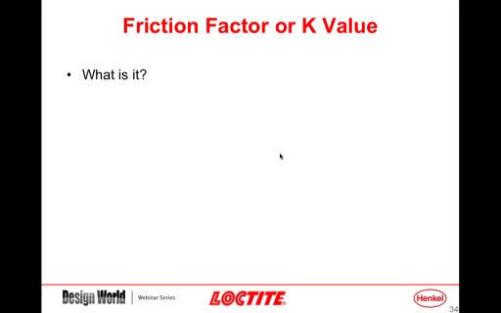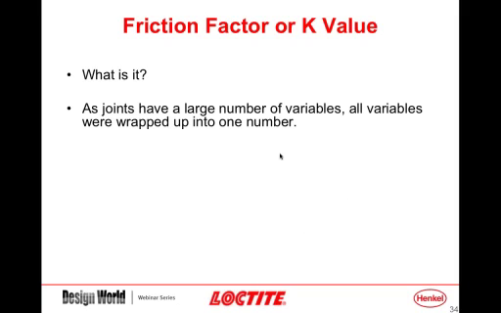Okay, so we're often asked on our technical lines about friction factors or K factors, and actually on our website we do have some information about K factors. There's a large number of variables that go into it. A lot of it has to do with different types of elements that affect friction.